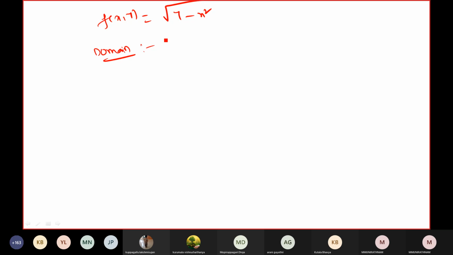What has been given as f of x comma y? y minus x square. When there is a root, what is the domain? It is always positive. With a root, y minus x square is always greater than or equal to 0.